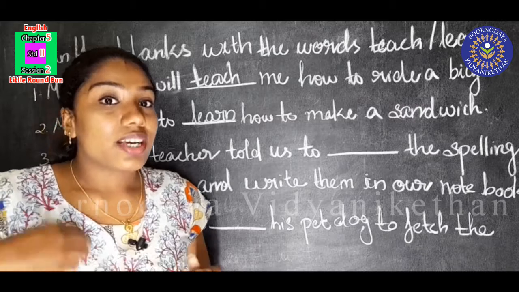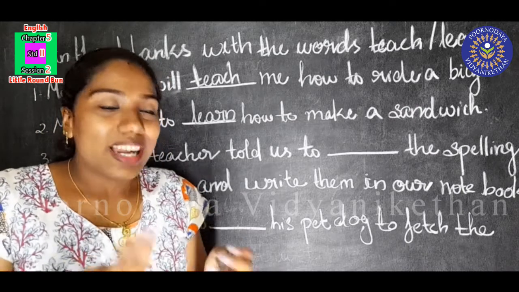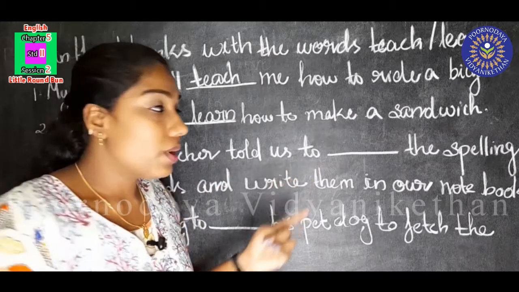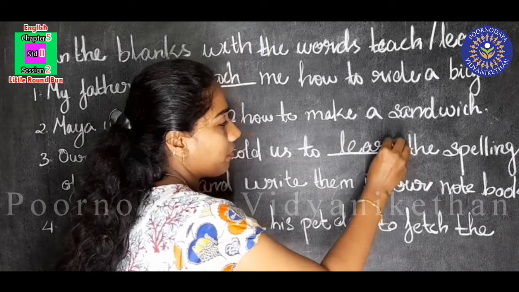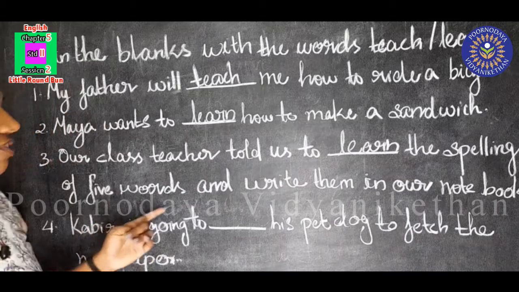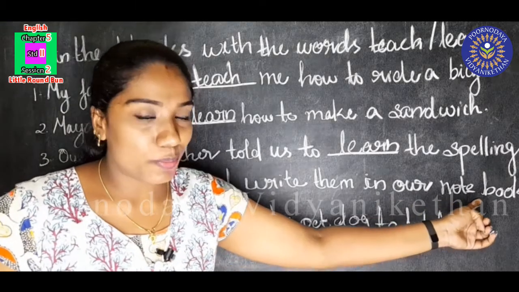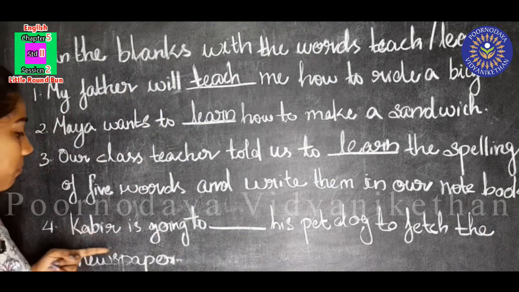The teacher told the students to learn the spelling. So our class teacher told us to learn the spellings of 5 words and write them in our notebooks. Did you understand?